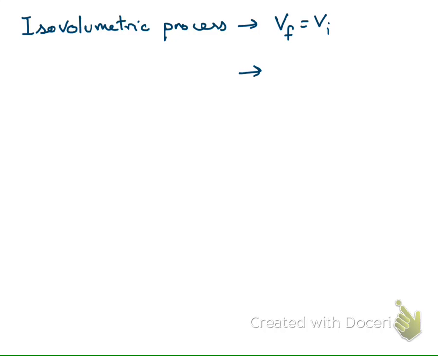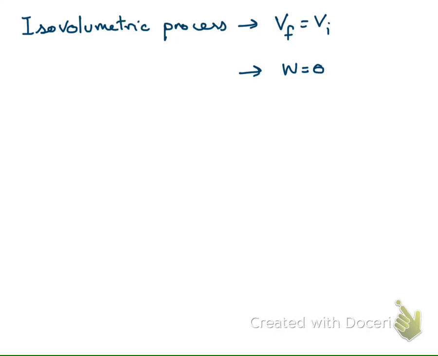We can also have the isovolumic process, that is Vf equal to Vi. If Vf equal to Vi, we must have that W is equal to 0.